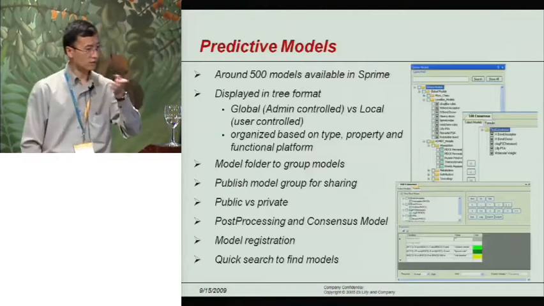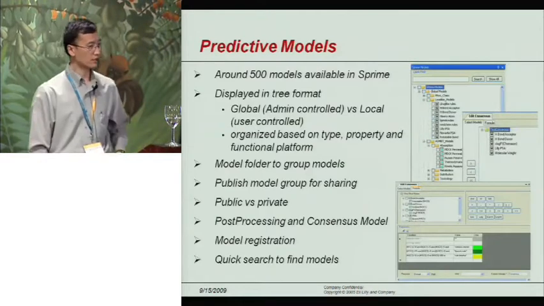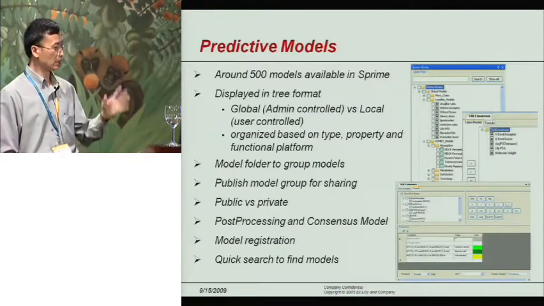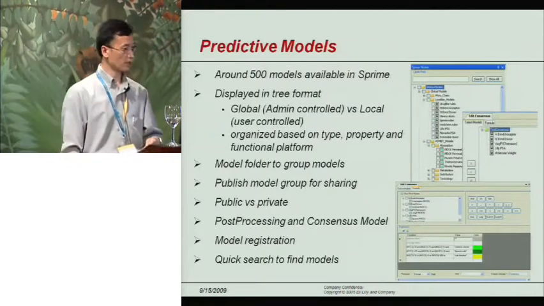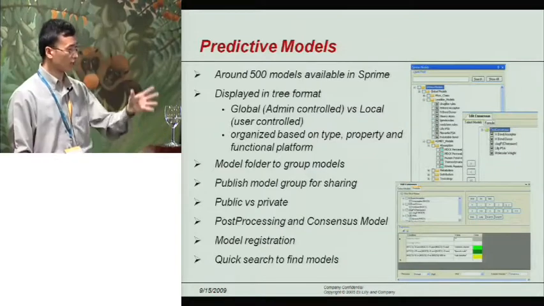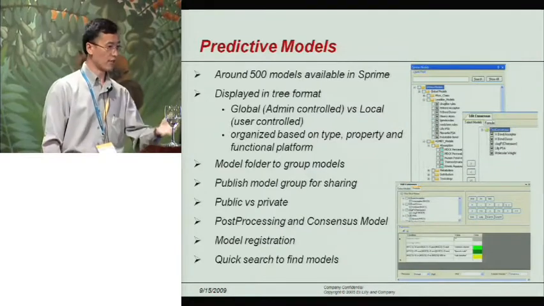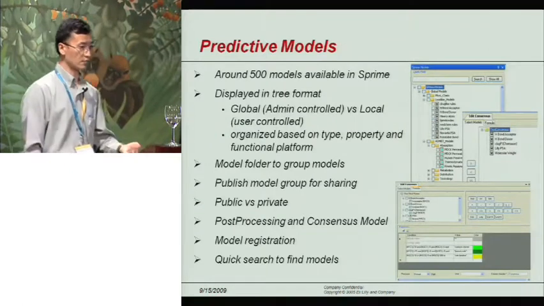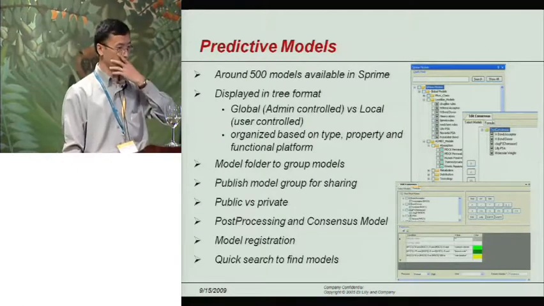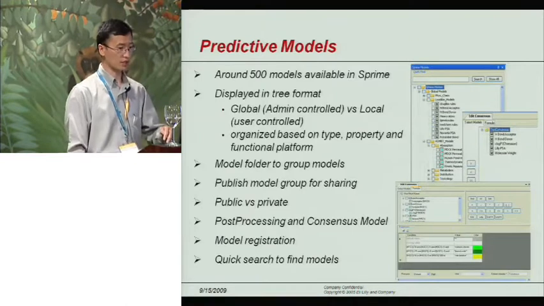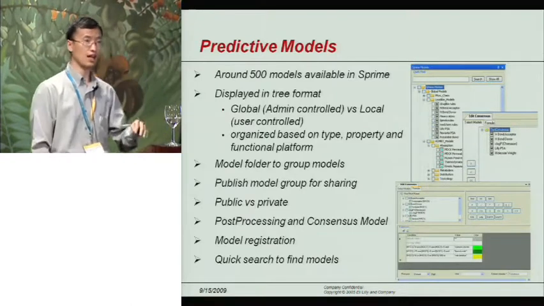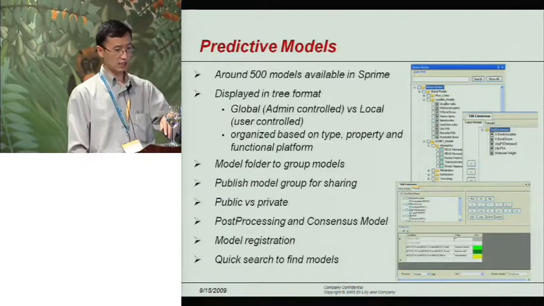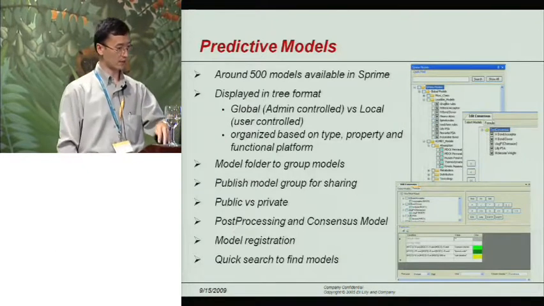All right, so here is one component called Predictive Models. At this point, we have about 500 models available in SPrime, and they are displayed in a tree format. We have global models and local models, and you can also organize them based on type. For example, we have nearest neighbor models, a 3D docking model, functional models, or even just regular in-silico models.